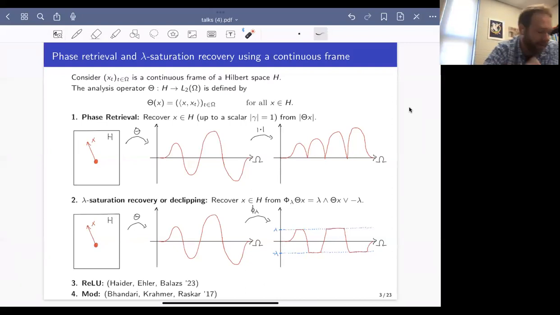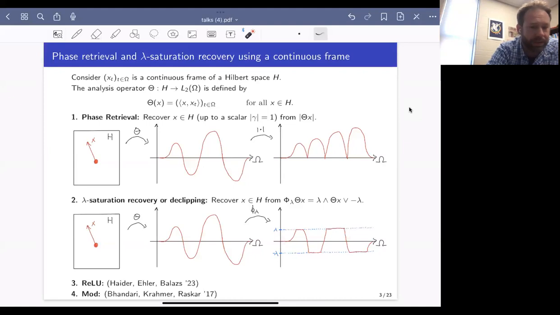if I have some measurements that are small, I can detect these measurements very well. But any measurement that's outside of the range of my sensor just gets clipped and outputs the maximum of lambda when it's positive, and I'll output the minimum of negative lambda when it's negative.